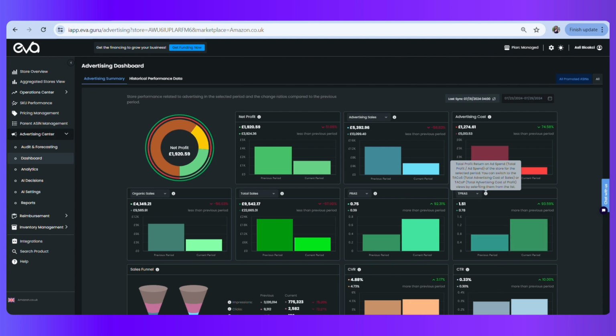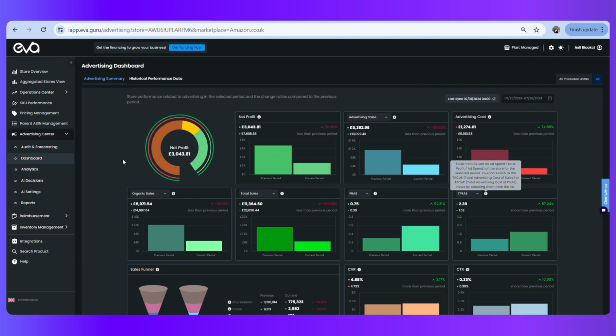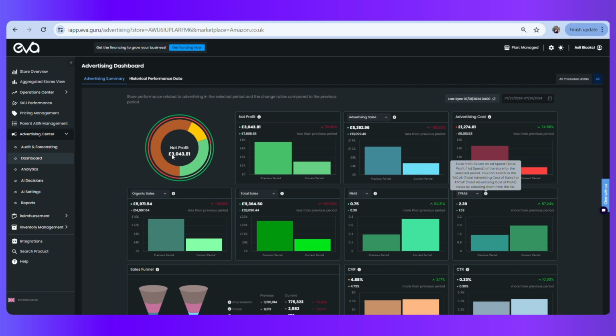This difference also tells us something about our overall advertising activity. For example, in All Promoted ASINs, we get almost $2,000 net profit. But on the other hand, when we click the All filter, we get $3,000 net profit.